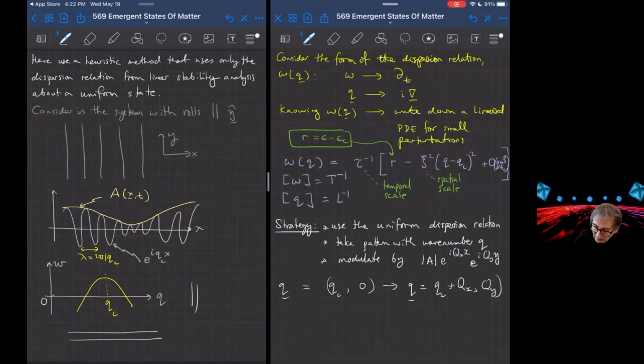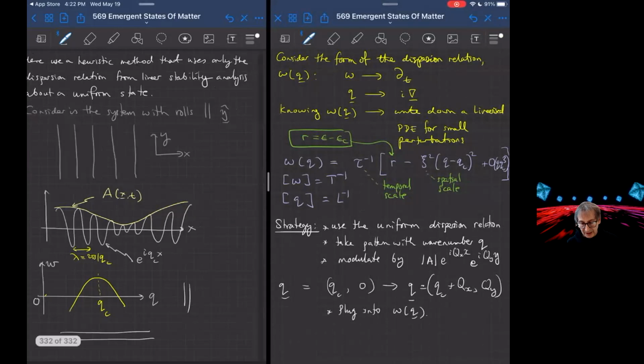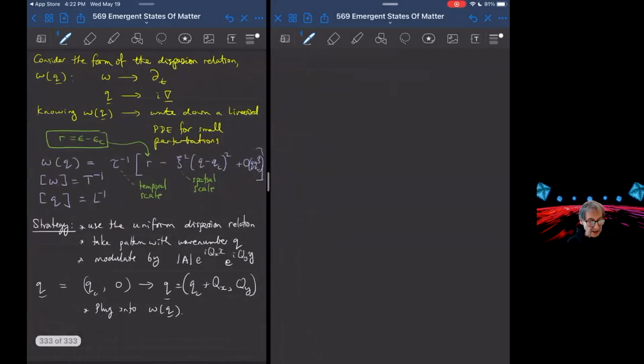And we're going to plug that into our dispersion relation, omega of q. Let me write it in terms of tau omega of q, which is dimensionless.